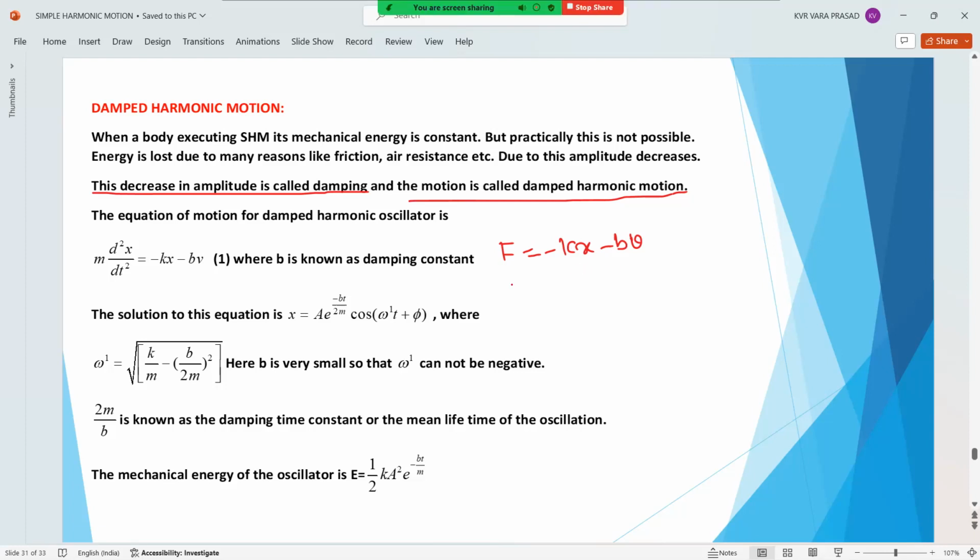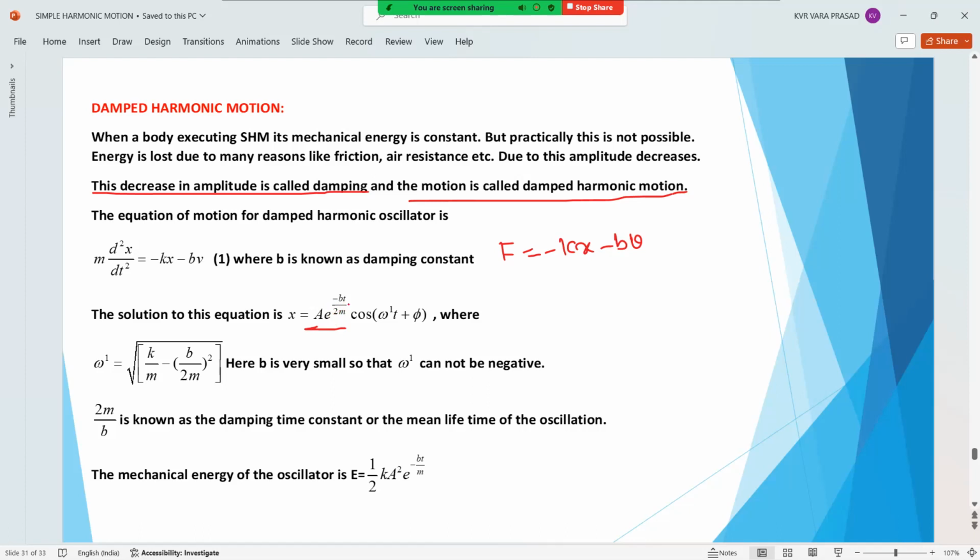see carefully where the change is coming. Earlier we have written here only a. Now in the place of a, it is a into e power minus bt by 2m.